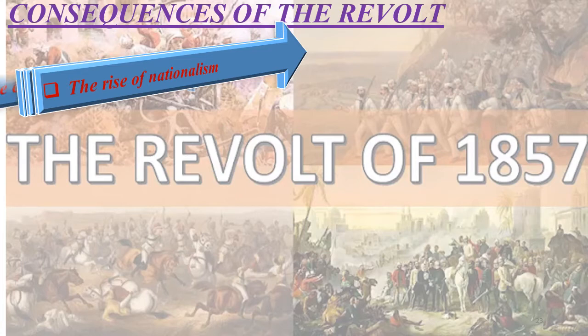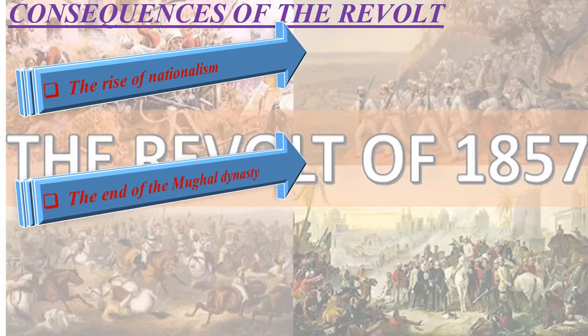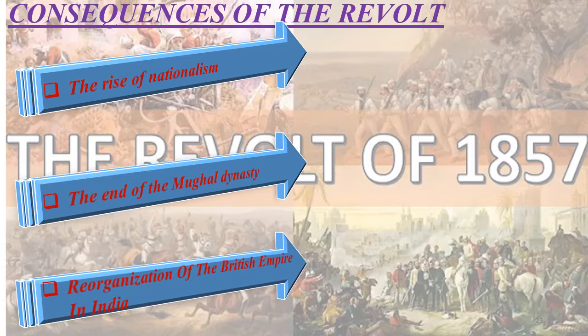The victory of the British marked the end of the Mughal rule in India. Then, reorganization of the British Empire in India: the rule of the East India Company ended with Queen Victoria's proclamation of November 1, 1858. She assumed the title of the Empress of India.